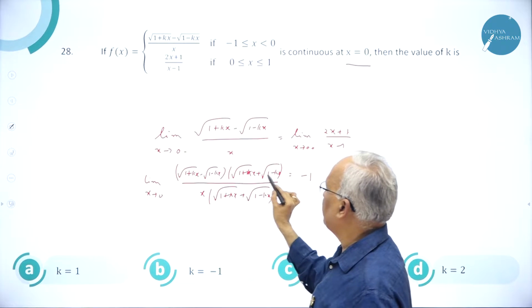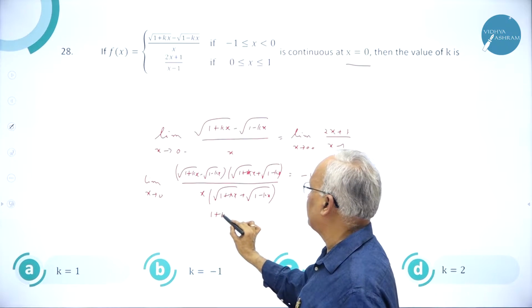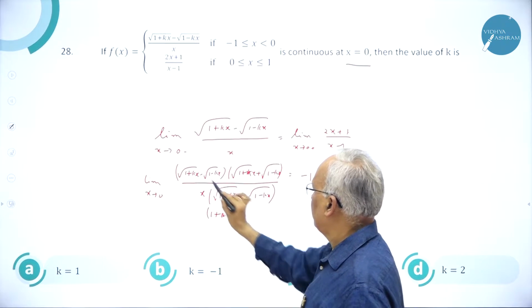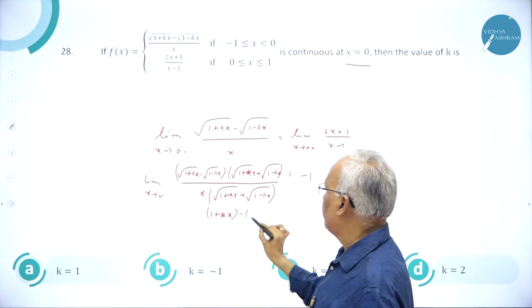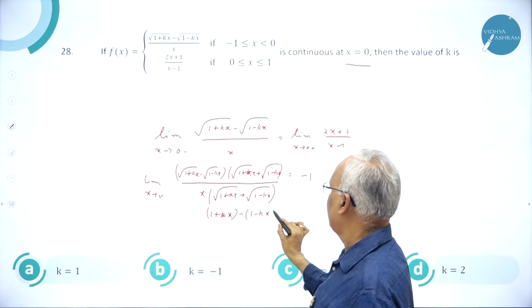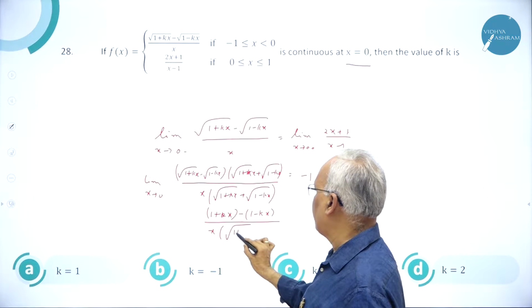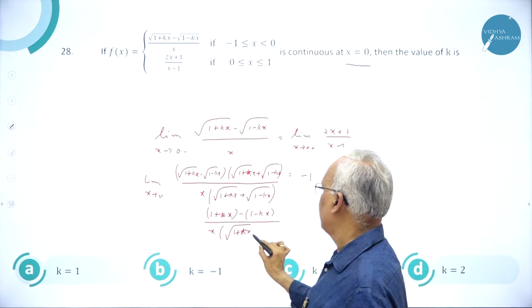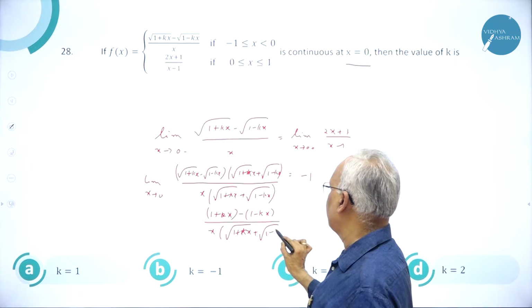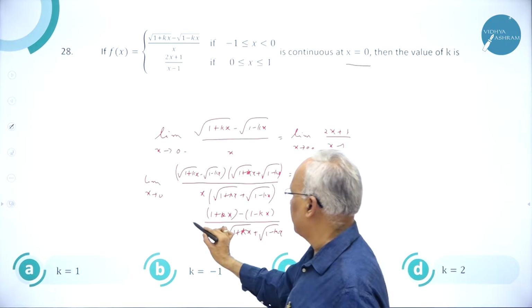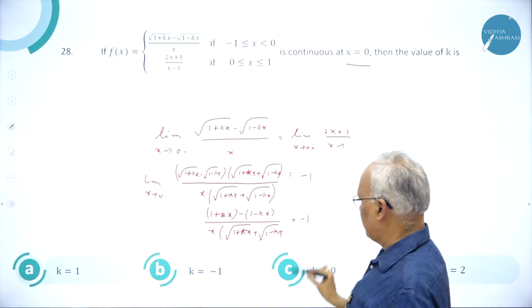Now (a minus b) into (a plus b) gives (square root of 1 plus kx) whole squared minus (1 minus kx), divided by x into (root of 1 plus kx plus root of 1 minus kx), as x tends to 0, is equal to minus 1.